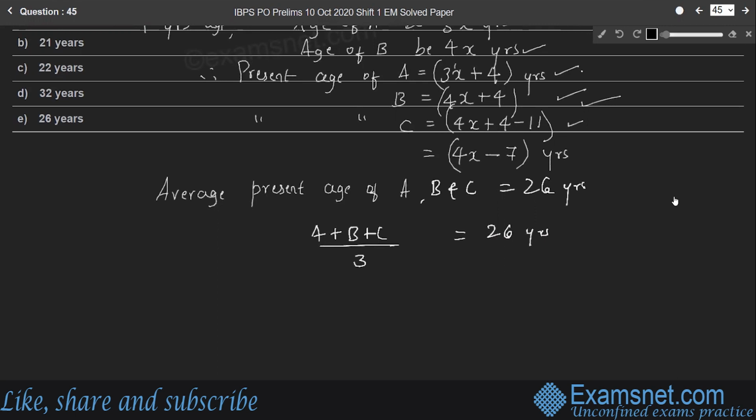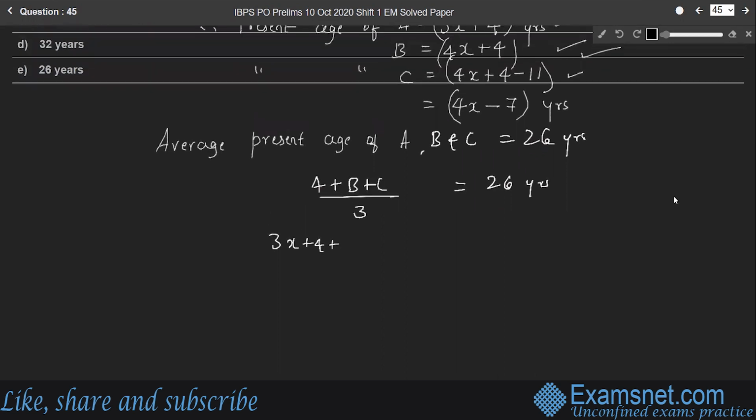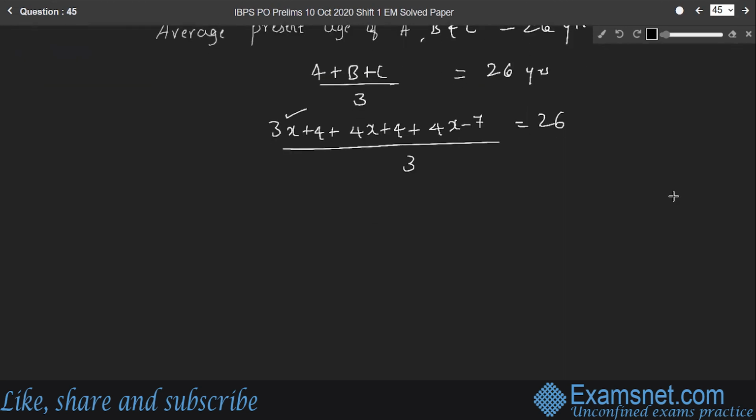So what is the present age of A? 3x plus 4. Present age of B is 4x plus 4. And C is 4x minus 7 whole divided by 3 is 26. Right? So 3x plus 4x, 7x plus 4x, 11x. 4 plus 4, 8 minus 7 is 1.